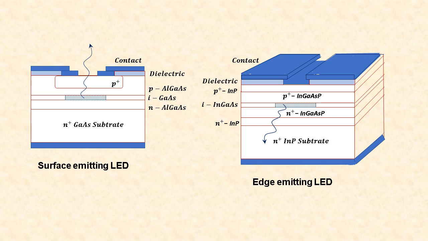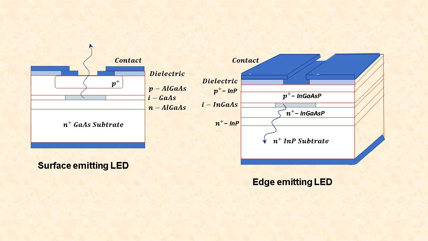In both the devices, double heterojunctions are formed, and at equilibrium the Fermi levels line up and the depletion region lies mostly in the gallium arsenide region, which is lightly doped. When forward biased, electrons and holes are injected into the depletion region, that is the gallium arsenide region, and they recombine radiatively with energy equal to the band gap of gallium arsenide.